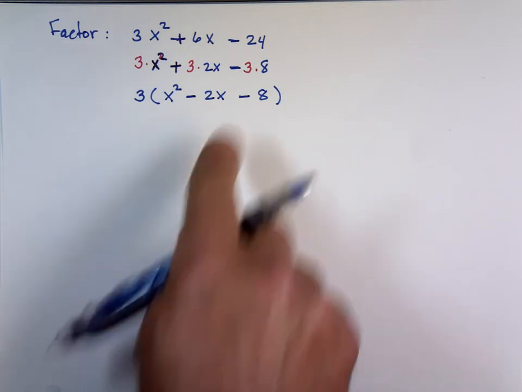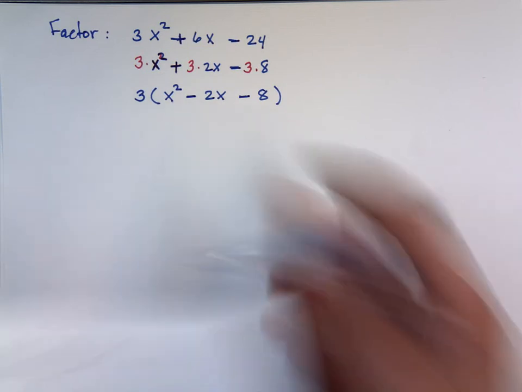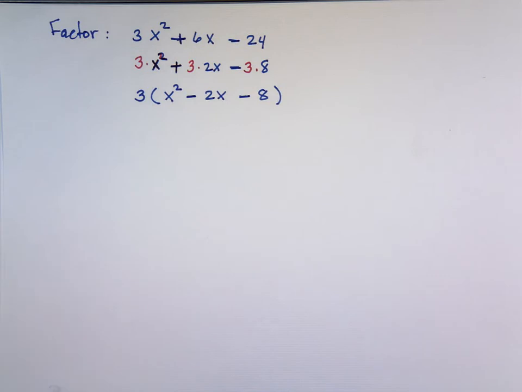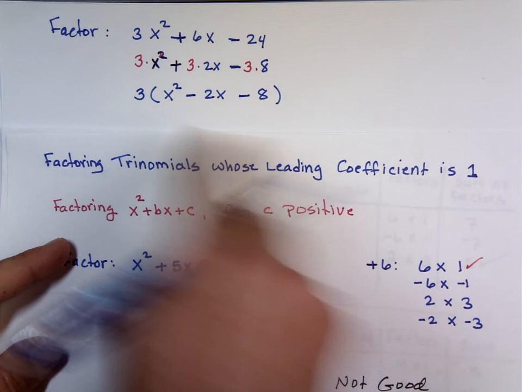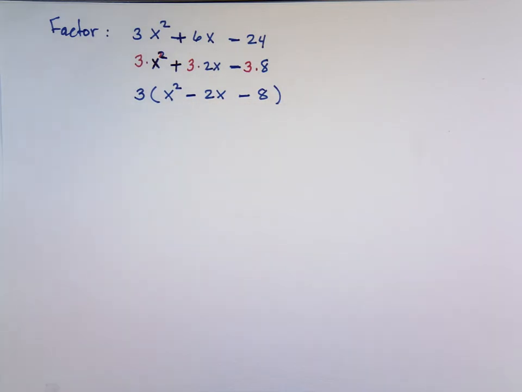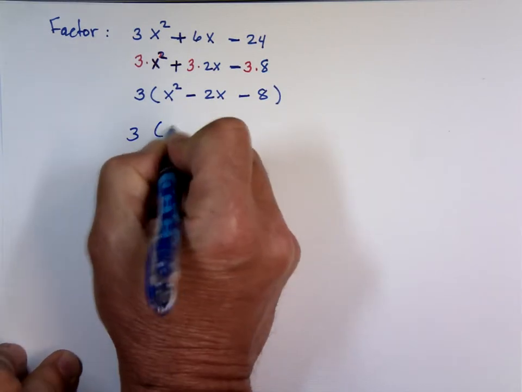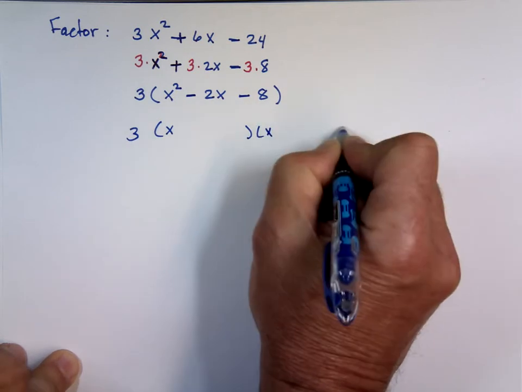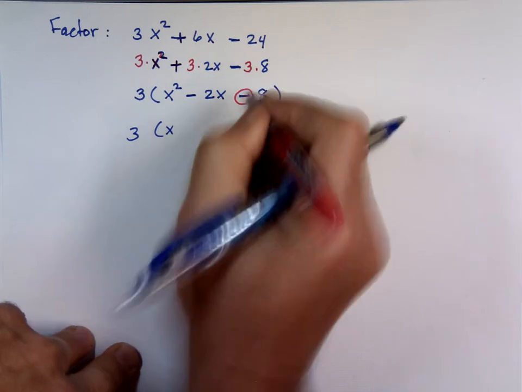That's why this problem is here, because this piece, the inside here, fits this topic, factoring trinomials whose leading coefficient is 1. Notice 1x squared right here. So if I factor that, I know it's going to be x and x, and because this is a negative, that tells me the signs are different. One is positive, one is negative.